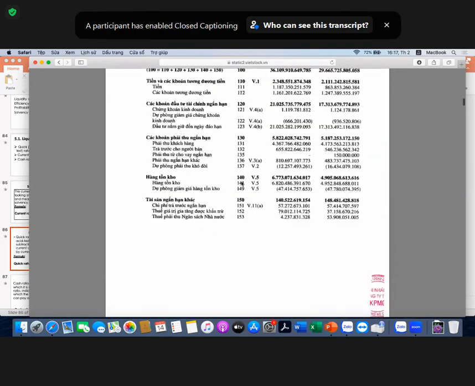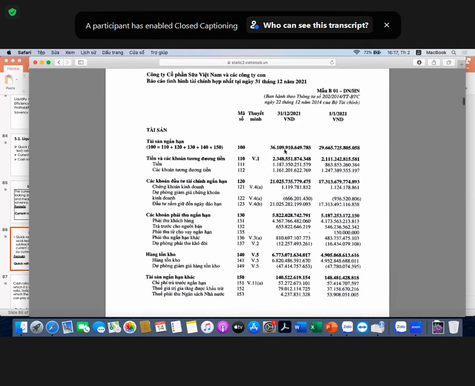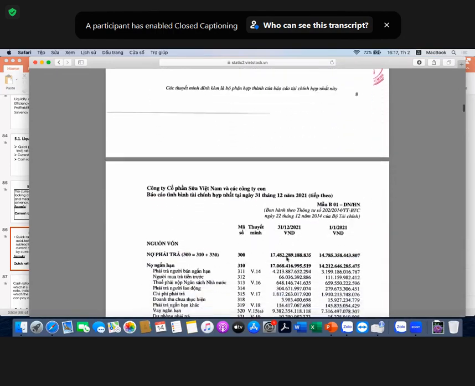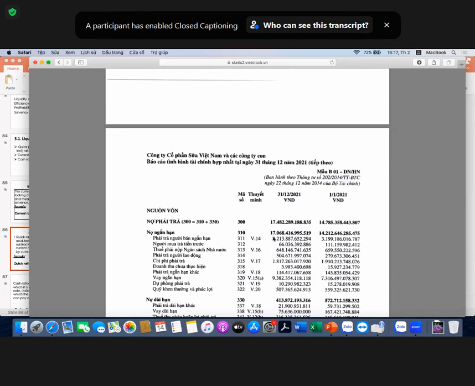Now we will calculate. In this case, we have to take 36,109.9 minus 6,773.1, then divide by 17,068.4. So what is the quick ratio in 2021?